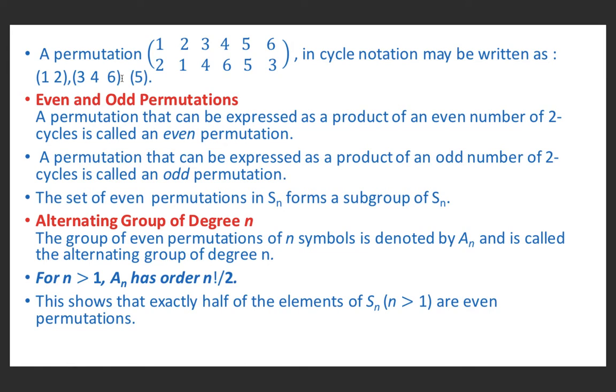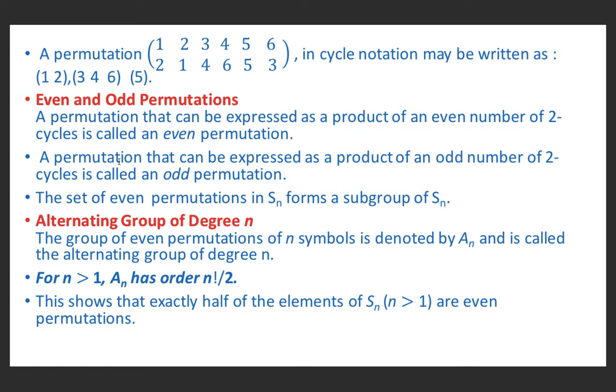Then (3 4 6) because image of 3 is 4, image of 4 is 6 and image of 6 is 3. Image of 5 is 5, so it is a one cycle. It may be omitted while writing the cyclic notation.